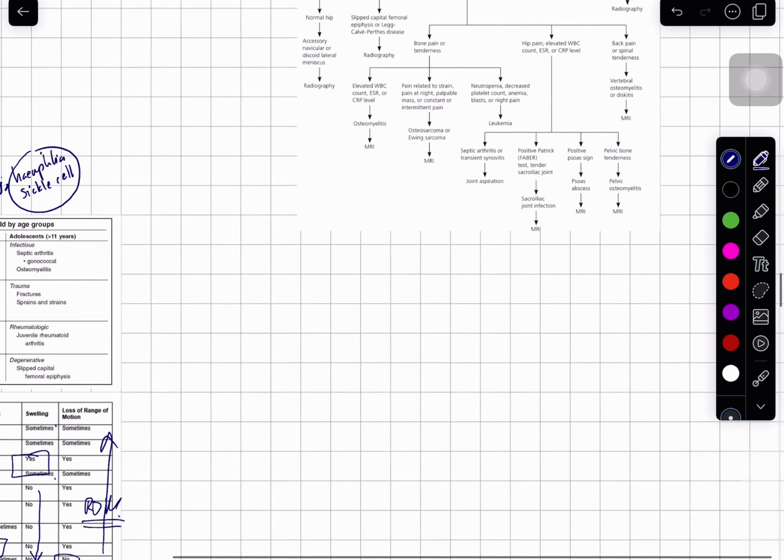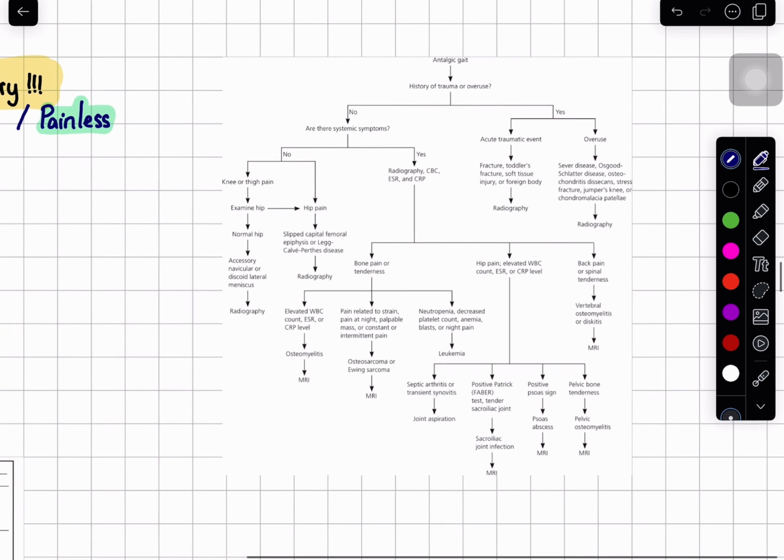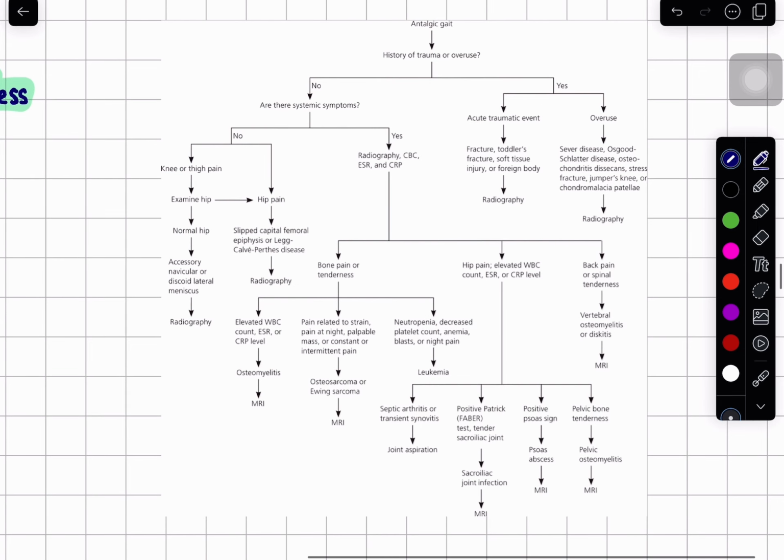And going on with how to work up a limp, remember that anyone coming with a limp will have an antalgic gait. In history, as I told earlier, we have to know if it was traumatic or overuse. If no, is there any systemic symptoms? If no, then knee or thigh pain.